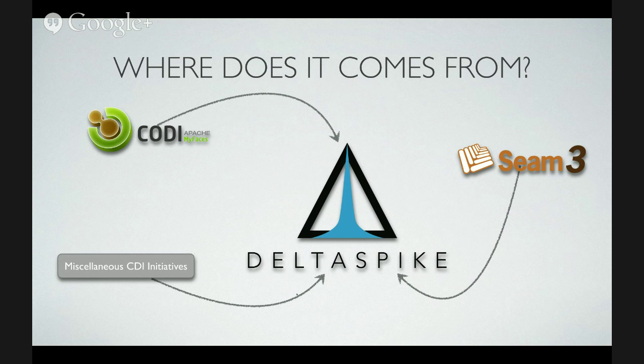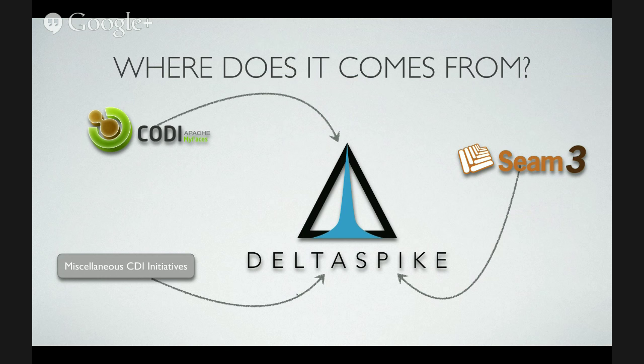On the other hand, in the Apache Foundation, there was also an initiative around CDI, which was called CODI, and both projects merged to give DeltaSpike. And a third source of code in DeltaSpike came from other CDI initiatives, and regularly there are new features added to DeltaSpike from third-party developers.